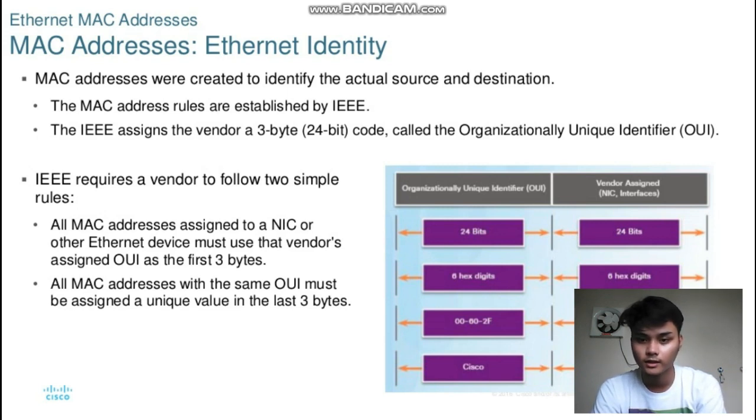Then we have the organizationally unique identifier, or OUI, which is 24 bits, 6 hex digits, and this one is Cisco. Then we have the vendor-assigned NIC interface portion, 24 bits, 6 hex digits, 3A07BC, for a particular device.